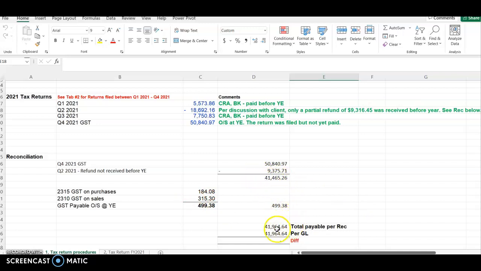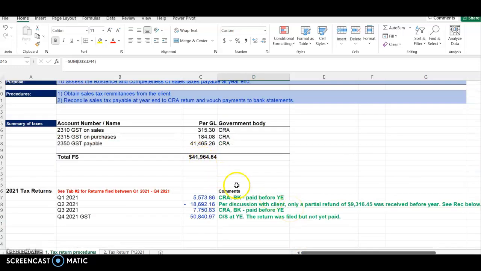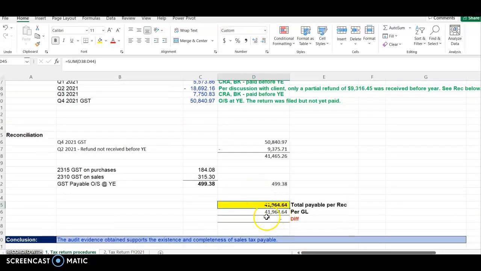So this is the total amount per my reconciliation. This is the total amount I arrived at, and then I'm going to agree it to what the client has on their GL, which is this. So this is per my reconciliation, and this is the amount per the client's GL, which is what we have right here. So we are going to check if there is any difference. As you can see, there was no difference.